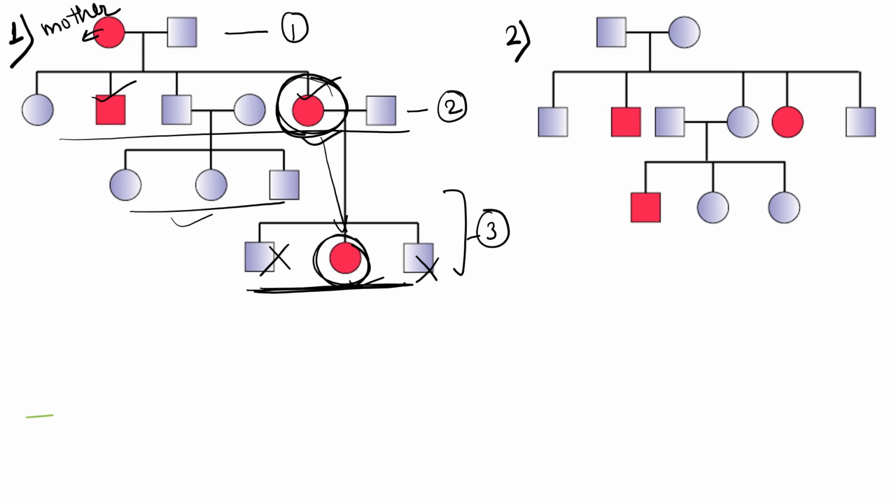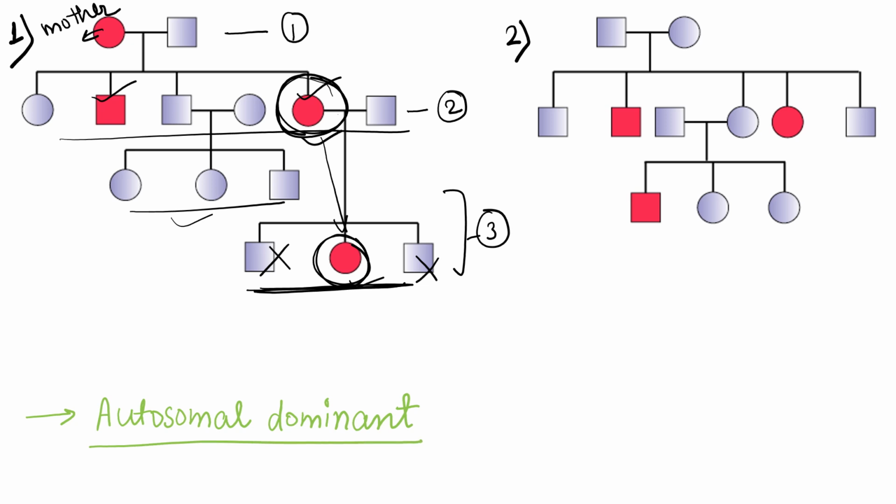So we know that this case is only seen in autosomal traits. And as there is no skipping of generation, this is not a recessive trait. That means this is autosomal dominant trait. In this way, you can identify a particular trait by eliminating the options.